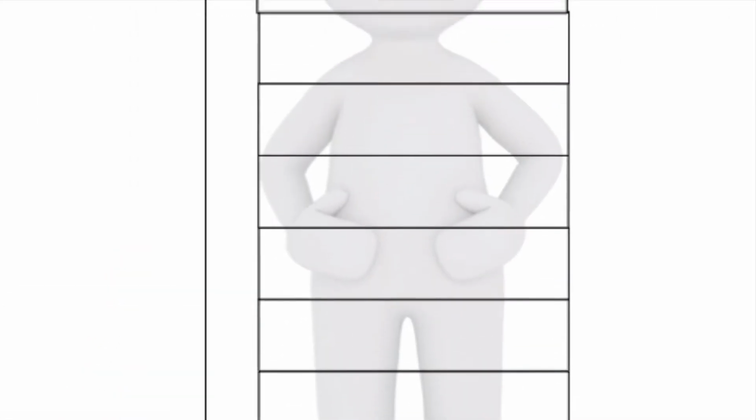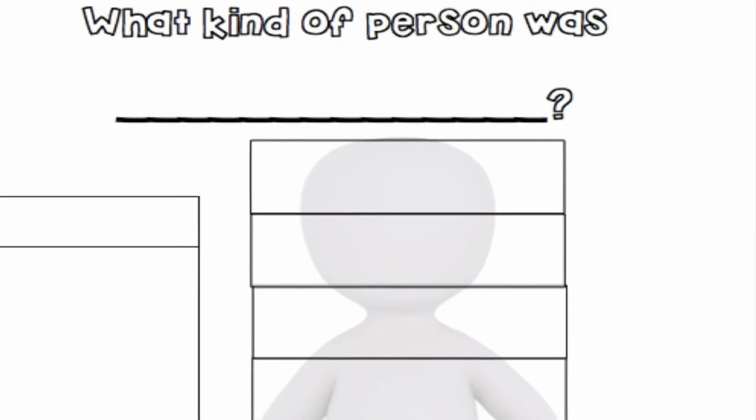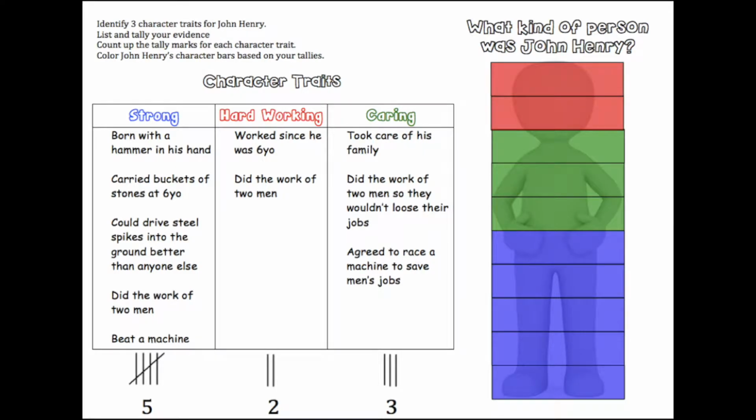It'll be easy to just glance at the chart to see, oh, this character was mostly brave. Or in the case of John Henry, we saw that his character trait of being strong was evidenced in the passage more often than the other character traits we came up with of hardworking and caring.